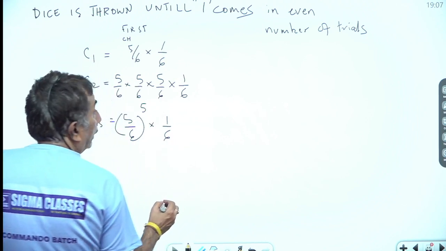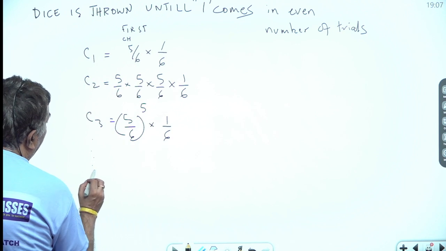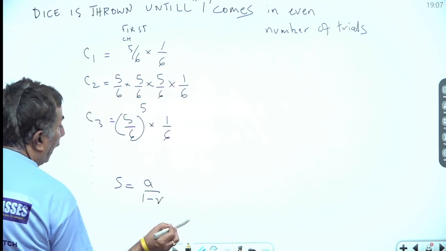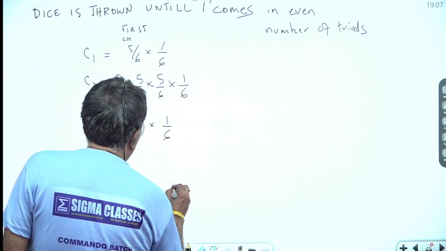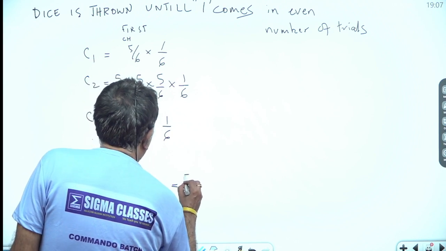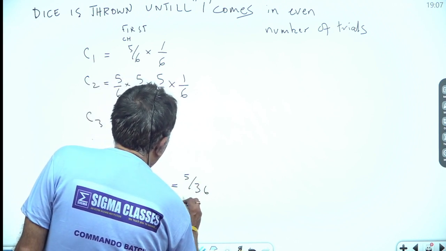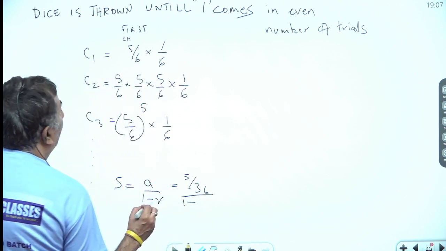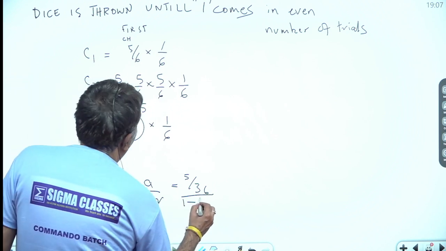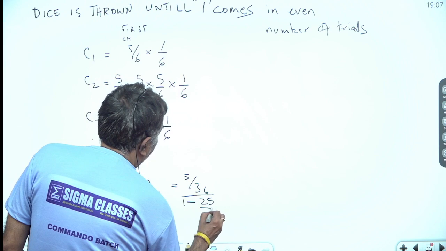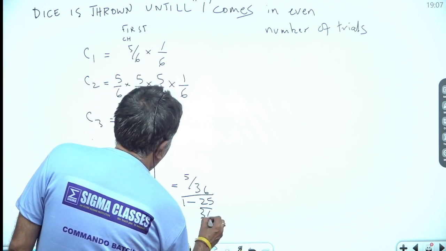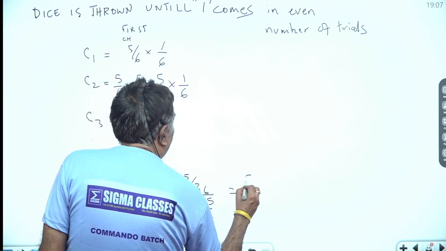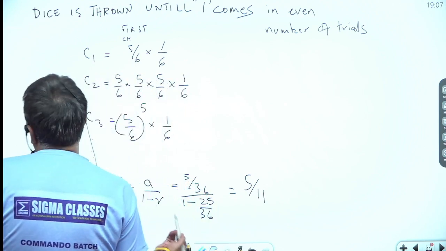So what you have is an infinite GP where the sum is given by A upon 1 minus R, where A is the first term, and in this case it is 5 by 36, and what is the common ratio, which is 25 by 36. So you clearly come up with an answer 5 by 11.